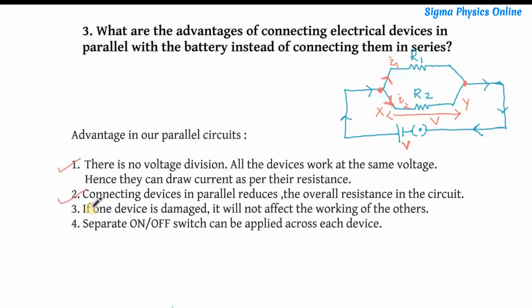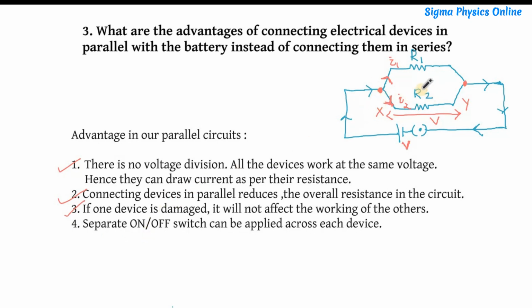Current in both the devices will be different based on the value of their resistance. Second, connecting the devices in parallel reduces the overall resistance in the circuit. Third, if one device is damaged, it will not affect the working of the others.